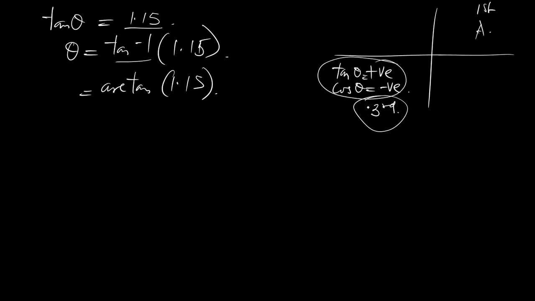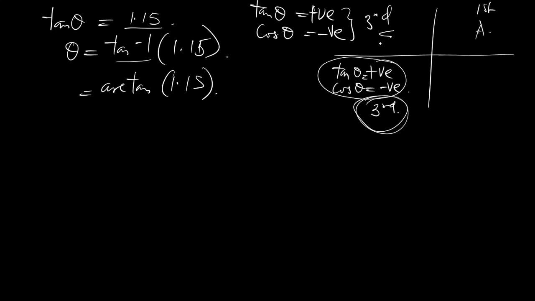So that means the condition where tan is positive and cos theta is negative is at the third quadrant. But at the first quadrant, all of them are positive, so it's not here.